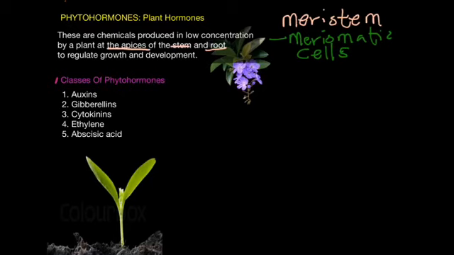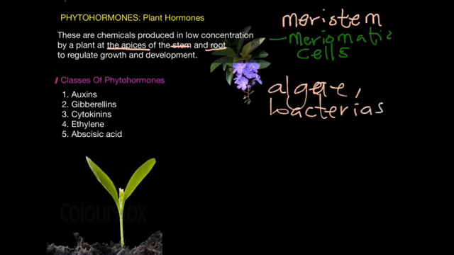Now, some studies have shown that phytohormones even occur in some algae, fungi and bacteria. So you can have some phytohormones inside them. Now, in the algae and the bacteria, they don't actually work as plant hormones, but they act as what we call secondary metabolites.